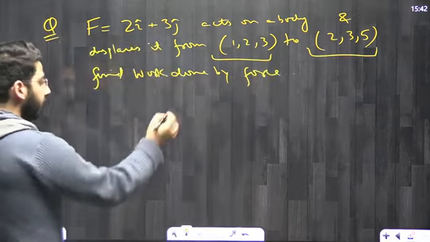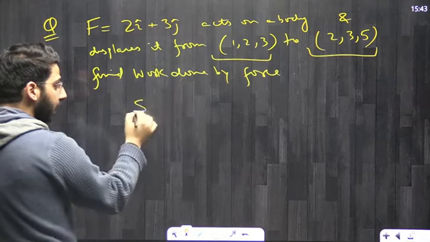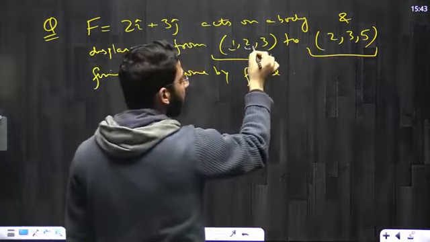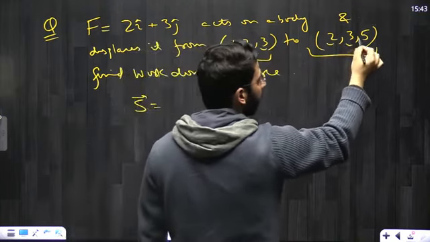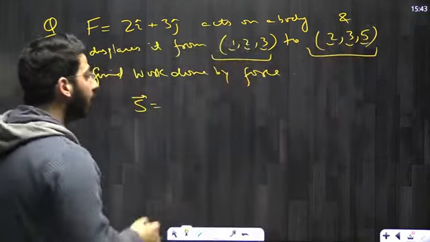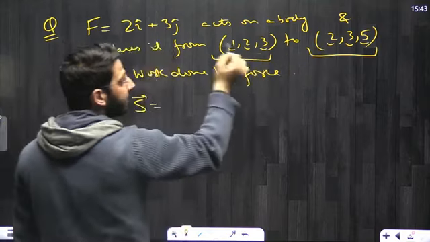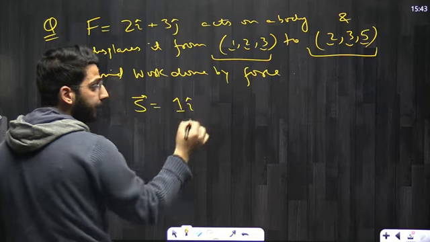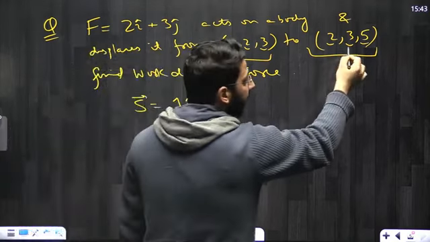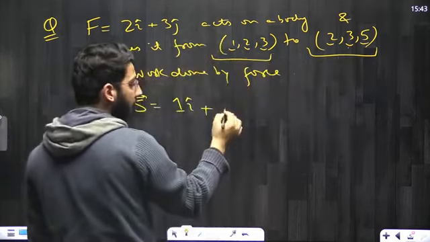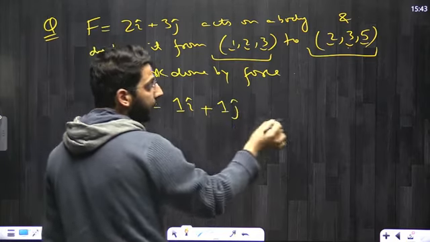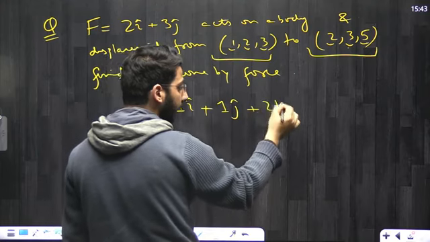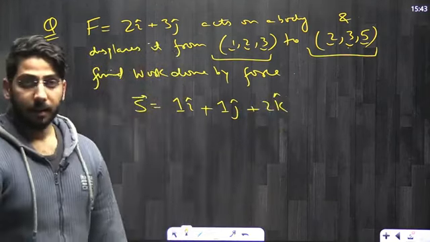Clearly, what is the displacement vector? It will be final minus initial. This is x initial, y initial, z initial, and x final, y final, z final. So x final minus x initial is 2 minus 1, that is 1 i cap, plus y final minus y initial, 3 minus 2, again 1 j cap, plus z final minus z initial, 5 minus 3, 2 k cap. This is my S, the displacement vector.